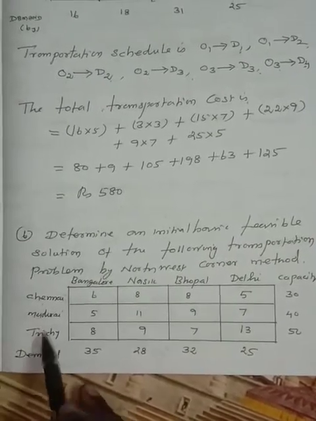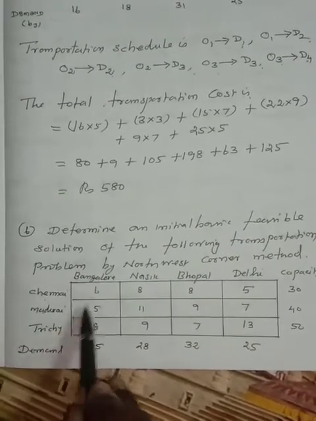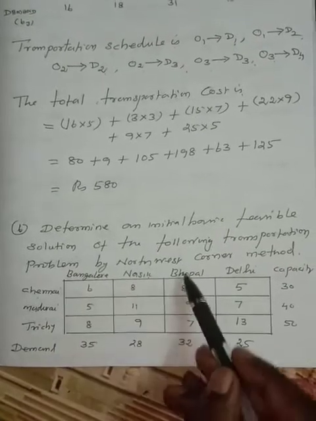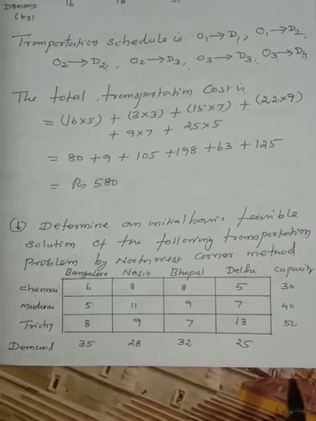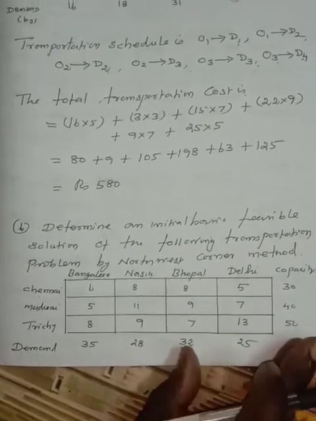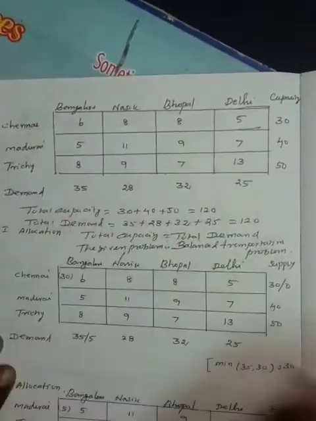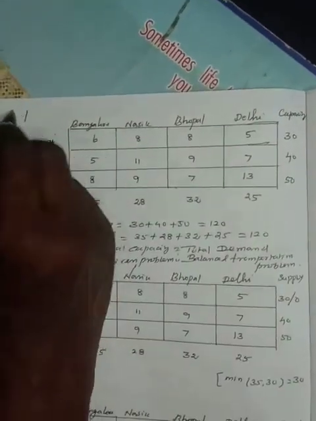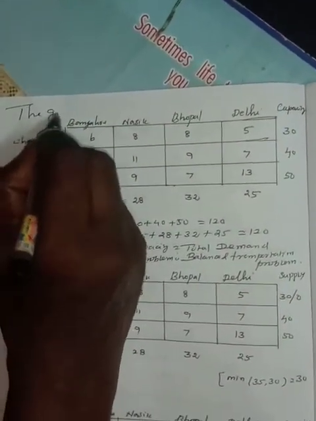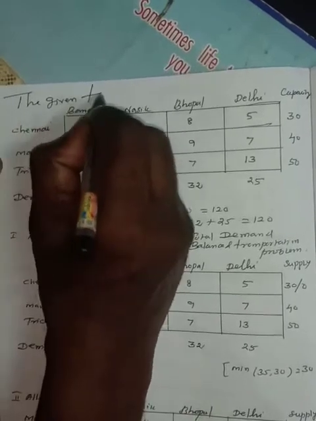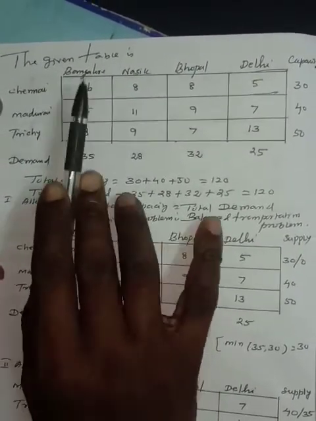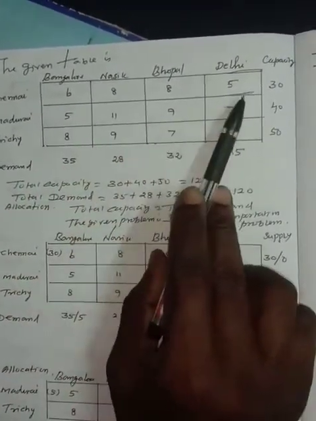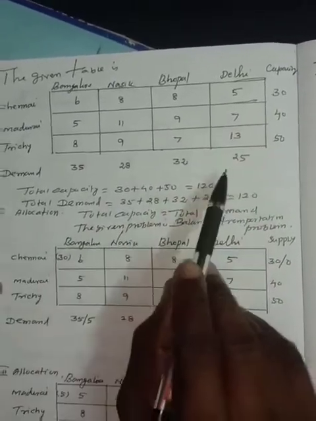Chennai, Madurai, Trichy, column Bangalore, Nasik, Bhopal, Delhi. Capacity column wise, demand row wise.